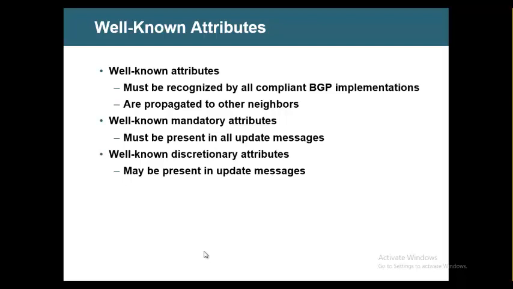Such attributes that must be seen and known to everyone is what well-known mandatory means. Now, what is well-known discretionary? It is well-known only, but may be present, may not be present. For example, there is an attribute called multi-exit discriminator, MED.